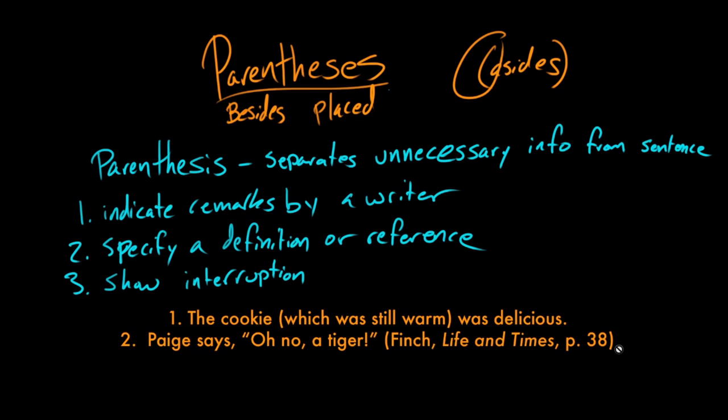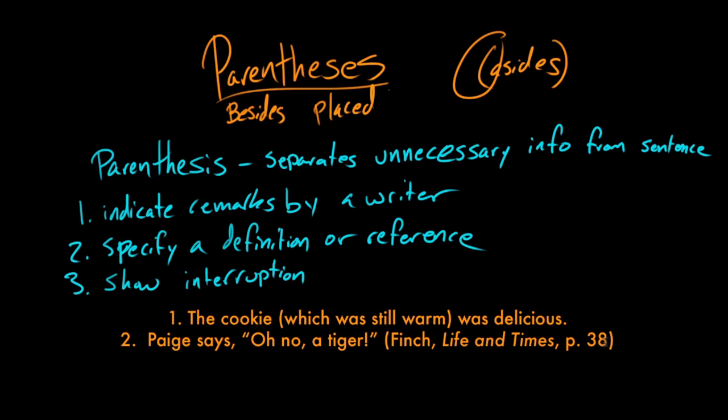This sentence is like an excerpt from some essay that I'm writing about Paige's life and times, which I've italicized here because it is a book. So I have the quote, and then in order to say where that reference comes from, I give the author's last name, the name of the book, and then page 38. And all of that is inside parentheses, like so. That's the second use of the parenthesis.